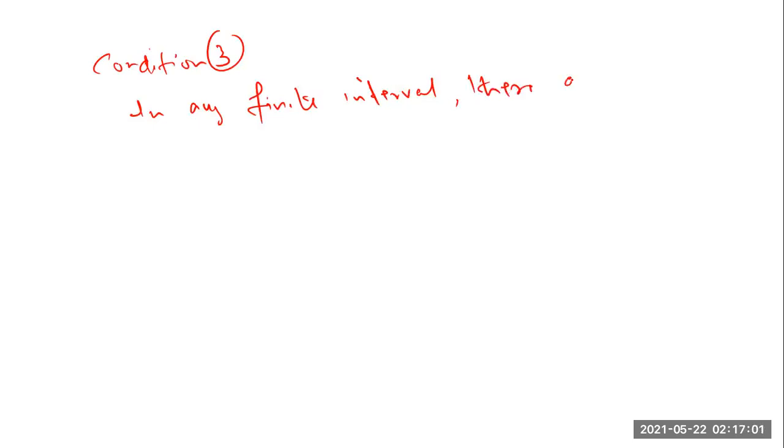Let me write the third and final condition, which is part of the broad category of Dirichlet conditions. What is the third condition that a periodic signal must satisfy? In any finite interval, there are only a finite number of discontinuities.